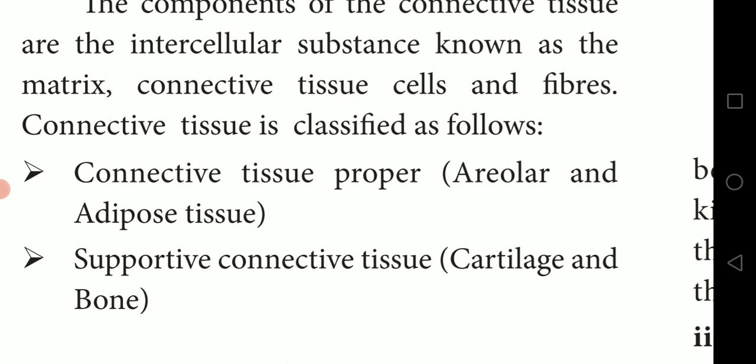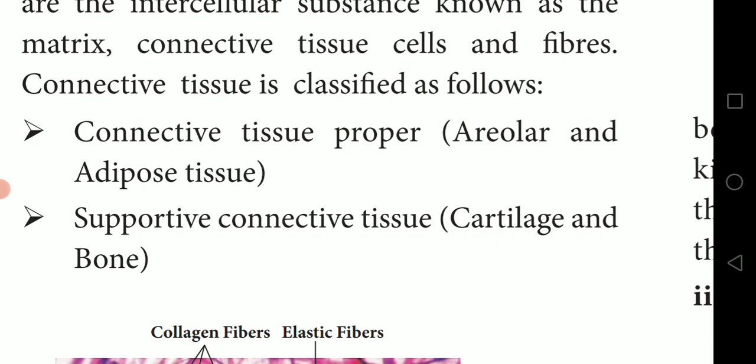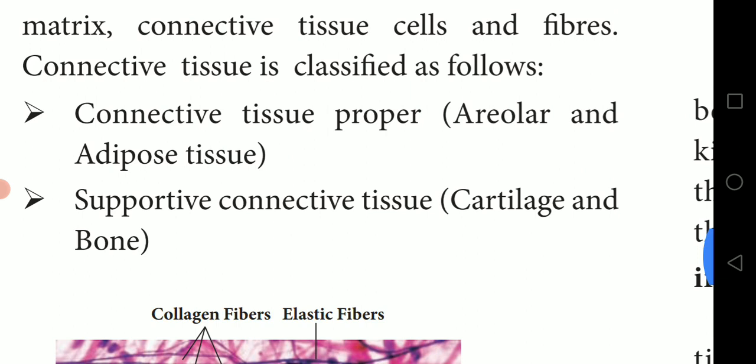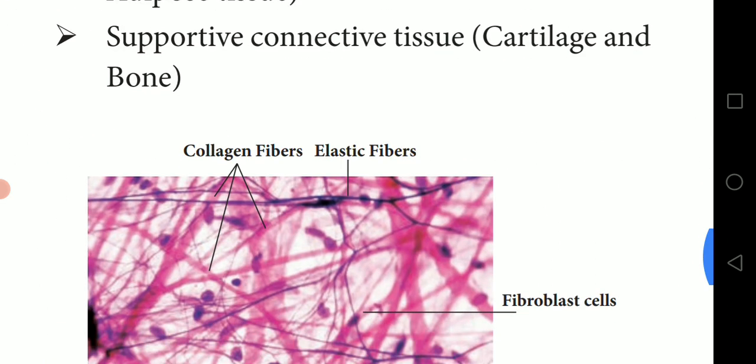One is connective tissues proper, that is areolar and adipose tissues. Then supportive connective tissues, cartilage and bone.